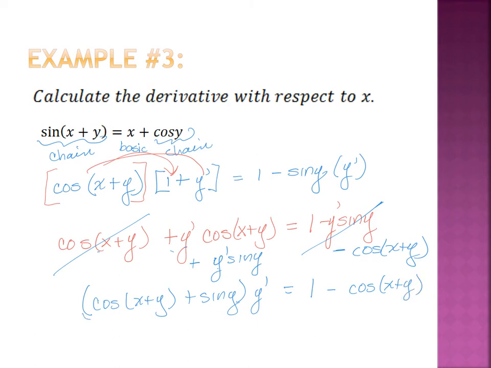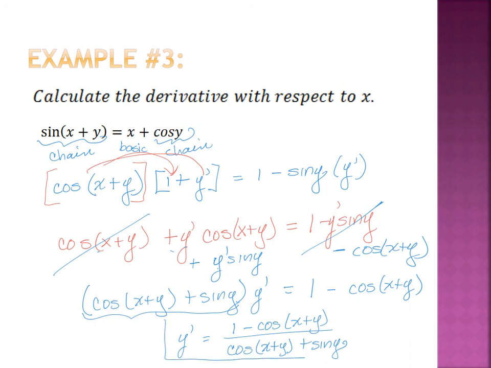Now I'm going to divide this portion to my right side, and I get y prime is equal to 1 minus cosine x plus y, divided by cosine x plus y plus sine y. There aren't any identities I can use to simplify that out. And so I'm just going to leave it the way it is.